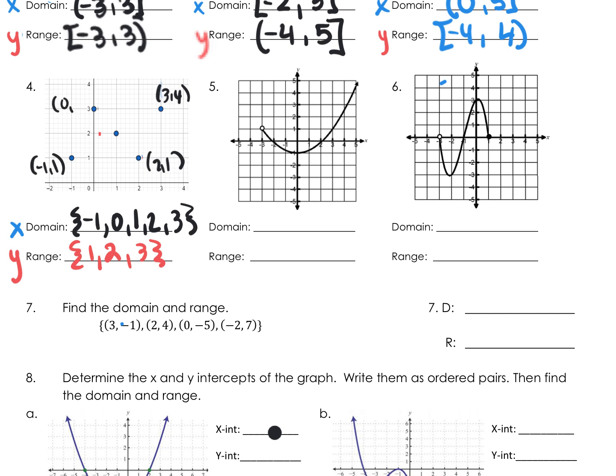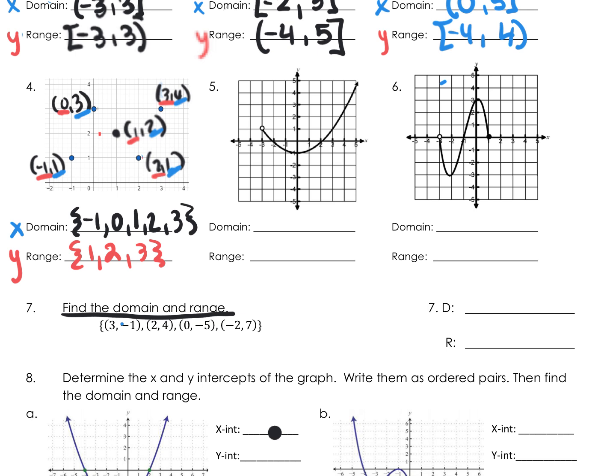This point here is 0, 3. And then just like we do the domain and range down here, you could just look at the x values and put those in your domain. Oh, I forgot this one, 1, 2. Put the x values in your domain, and then take the y values and put them in your range. But if you have a repeat, you won't write it. So that's another way to do that one.